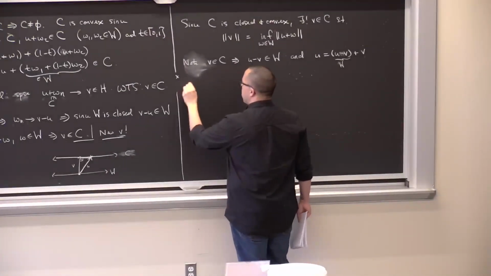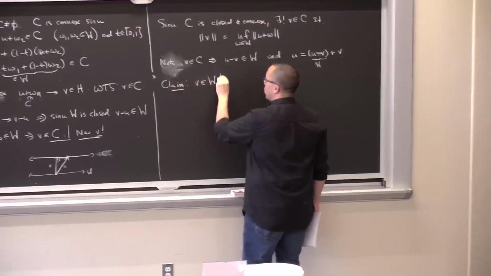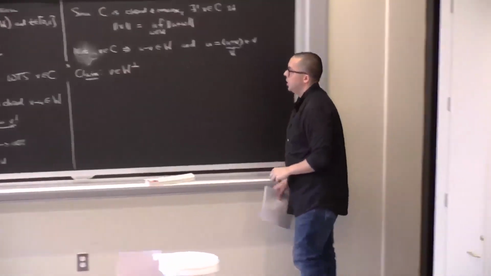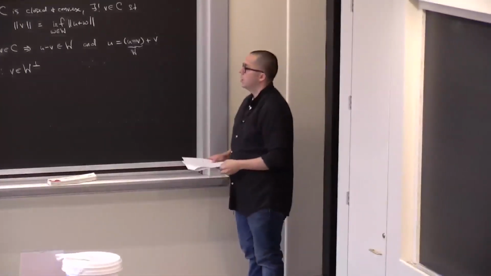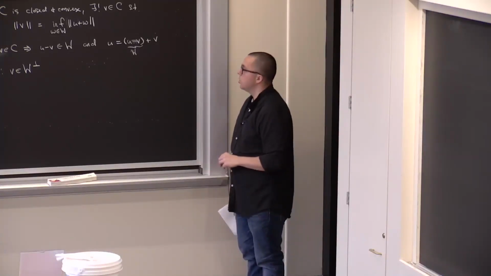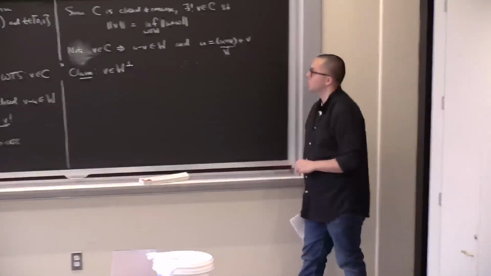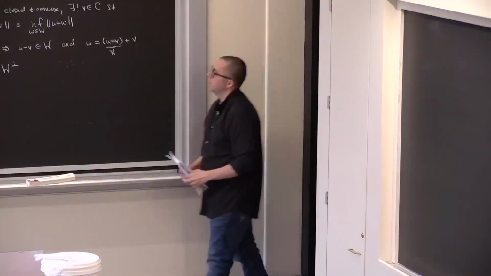Okay, so now we claim V is in capital W perp. Now, how we do this is what's called, I guess, a variational argument or Euler-Lagrange equations argument.